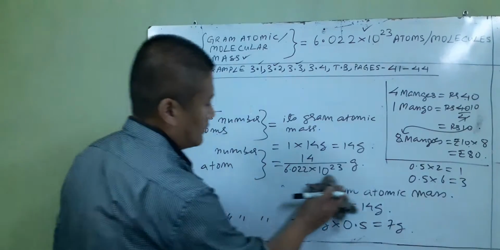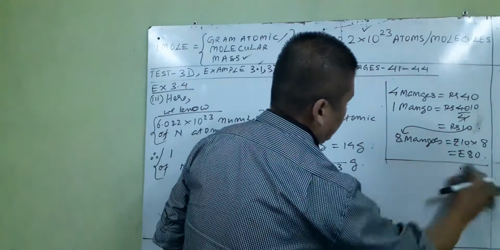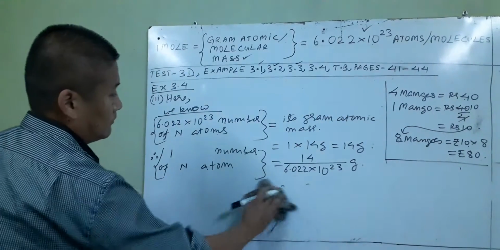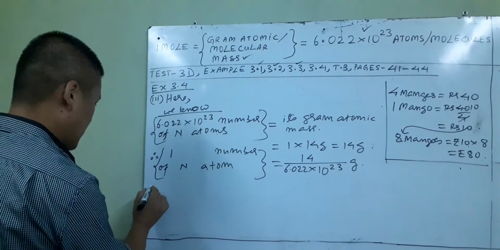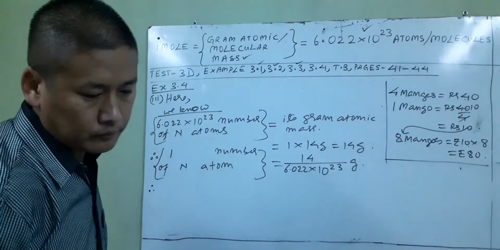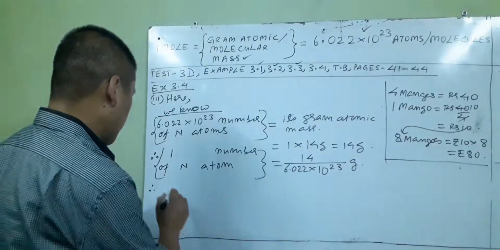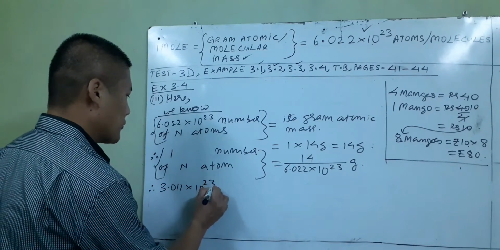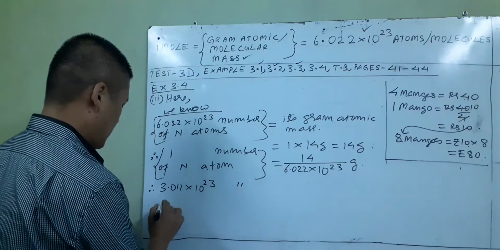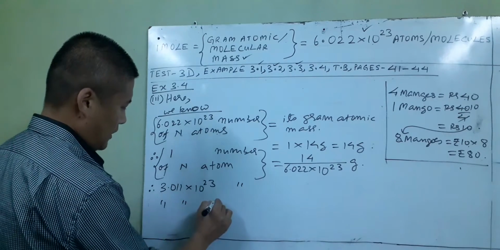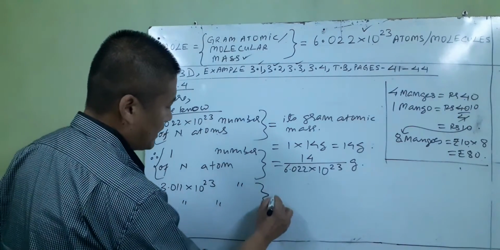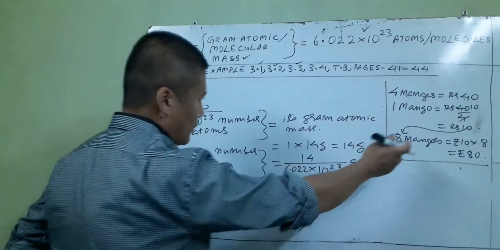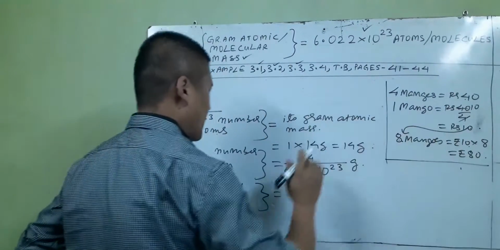So next here, we can write down, therefore, the question is saying for 3.011 into 10 to the power 23 number of N atoms, how much will be the mass? Just like mango method, right and left down.